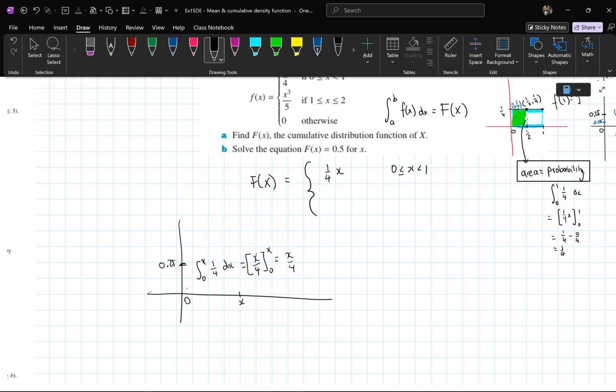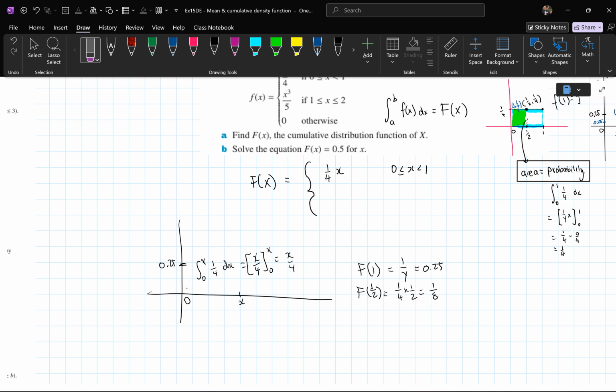That's the function. Okay? And you can see that when I sub 1 in, so F of 1, that should give me a quarter, which is 0.25. And before, when I said F of half, it was meant to give me 1/8, right? You can see a quarter times half gives 1/8. So it changes.